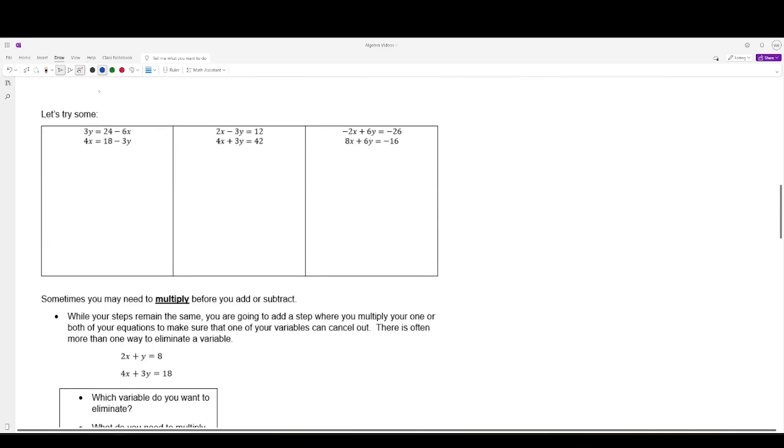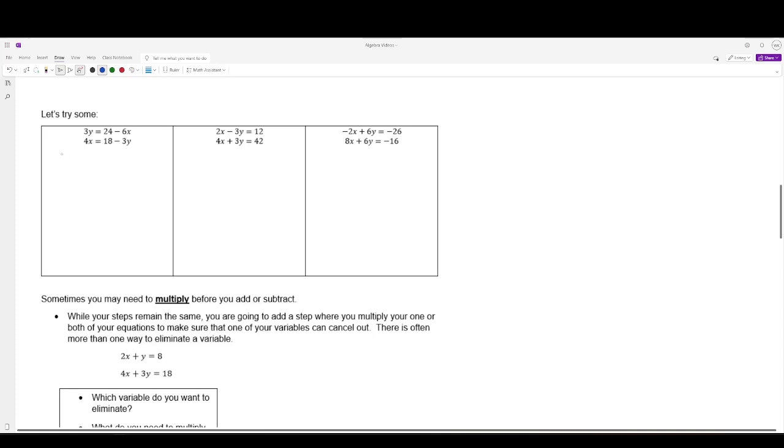If you'd like, if you understand the idea, then feel free to pause the video and go through these and then check them with me afterward. So on this first one, we're going to take 3y equals 24 minus 6x and 4x equals 18 minus 3y and align the variables.